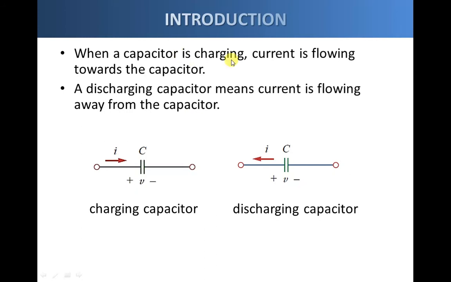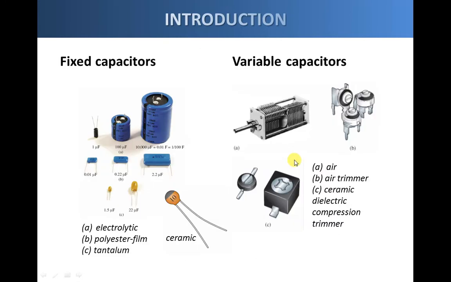When a capacitor is charging, meaning charges are being deposited in the plates, current is actually flowing towards the capacitor. Conversely, if the capacitor is discharging, that means current is flowing away from the plates. So these are examples of capacitors. On the left we have fixed capacitors, and on the right we have variable capacitors.